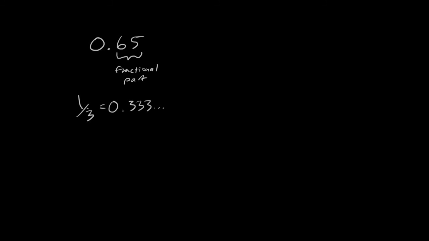Now if we were representing 1/3 in base 3, that'd just be 0.1, but that's outside the scope of this discussion. But in any event, if we take a look at 0.65 and we want to represent that in binary, what we would end up with is something kind of tricky.